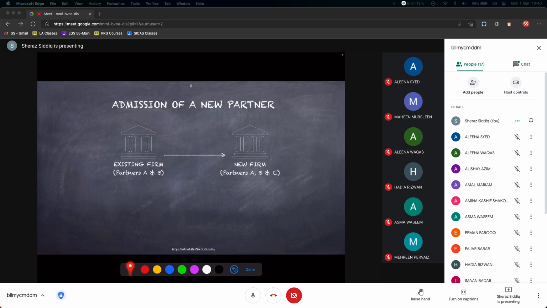So every time a structural change happens, like in this case, for example, we're taking admission of a new partner. That is the first structural change that we will deal with. We will consider that the partnership of A and B is no more there, and a new firm is created which consists of partners A, B, and C, and that new firm is taking over the existing firm.